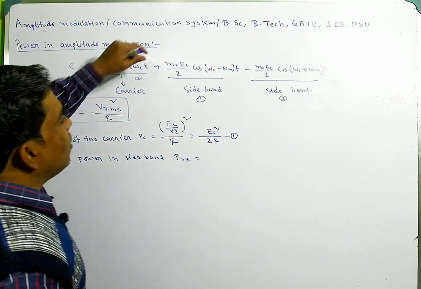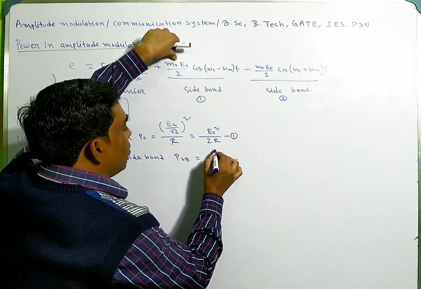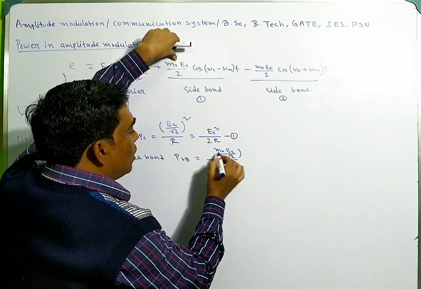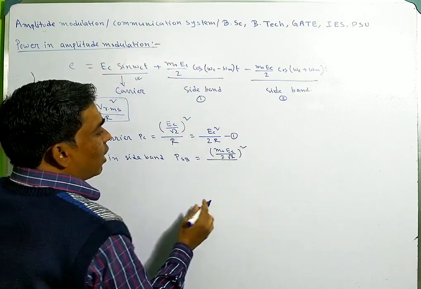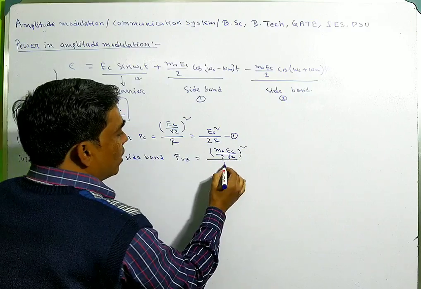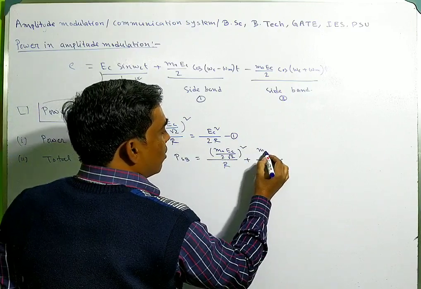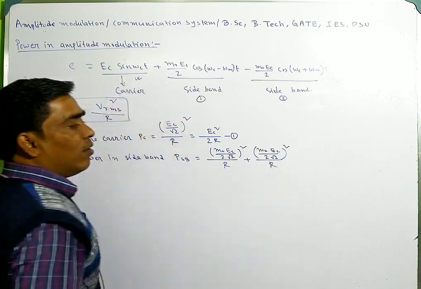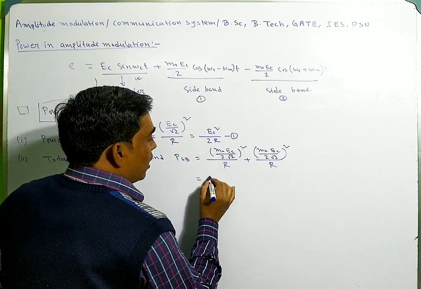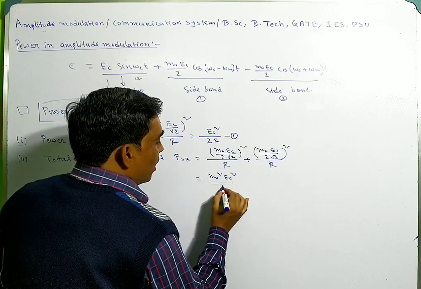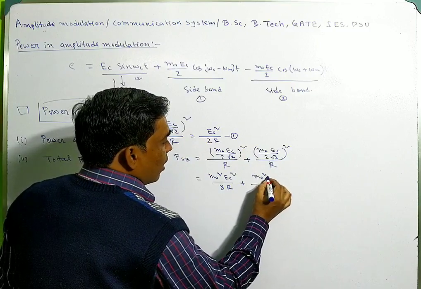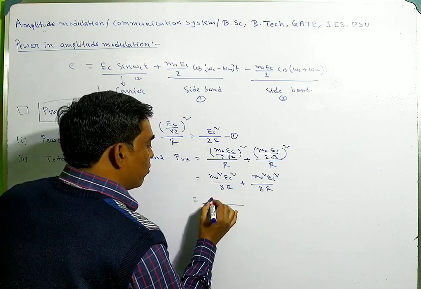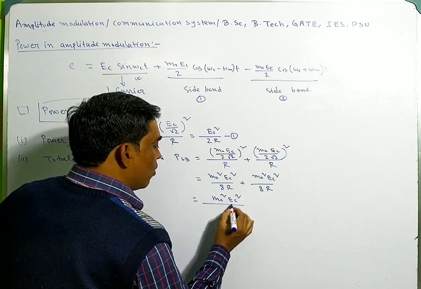This is the amplitude Ma Ec divided by 2, and divided by root 2 it gives the Vrms, squared, divided by R. Similarly, it can be written as Ma Ec over 2 root 2, squared, divided by R, so it will be Ma squared Ec squared by 8R, and the other sideband is also Ma squared Ec squared by 8R. If I add these, it will be Ma squared Ec squared by 4R.